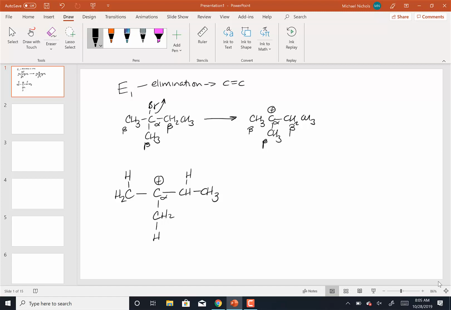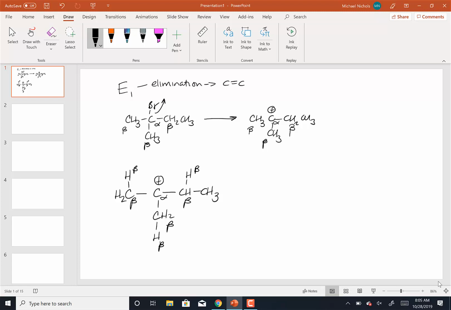So alpha carbon, beta carbon, beta carbon, beta carbon, and then this would be a beta hydrogen, this would be a beta hydrogen, and that one would be a beta hydrogen. So those are the hydrogens that can be lost to form the double bond.